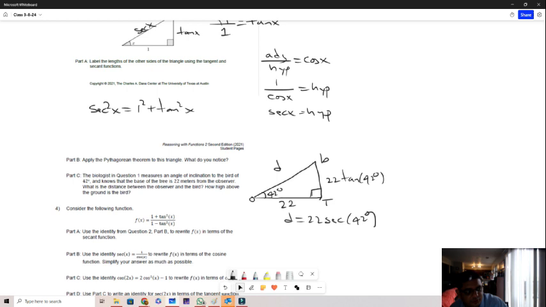Now, this result gives me that the bird is around 19.8 meters above the ground. Sorry, not degrees.